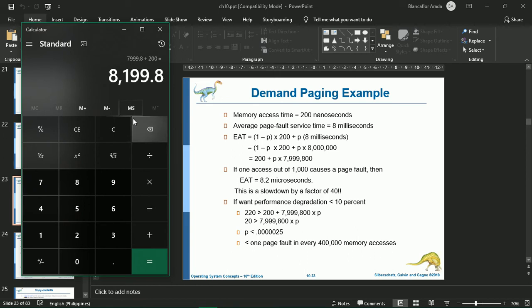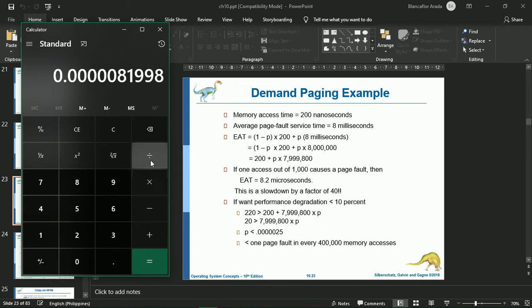Just remember 8199.8. In seconds, that is 0.00000819998. Microseconds is 10 to the power of -6, so this will be in seconds.